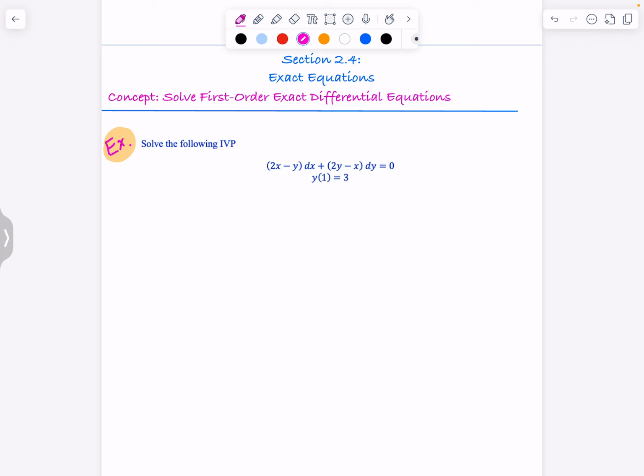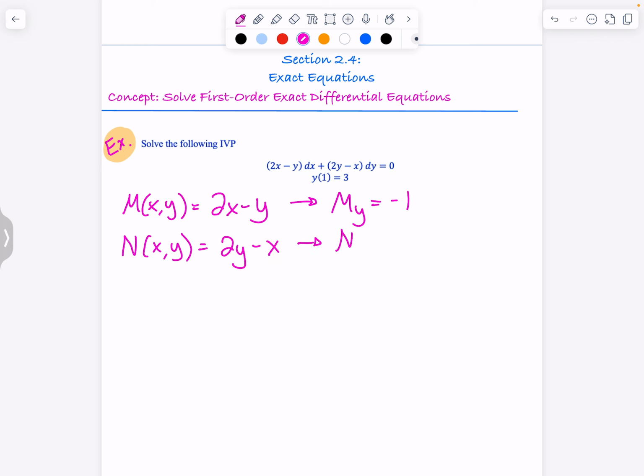Okay, so this IVP, let's start. M of x,y is 2x minus y. So that tells me that M with respect to y is -1. N of x,y, which is 2y minus x, N with respect to x is also going to be a -1. So the DE, therefore, is exact.